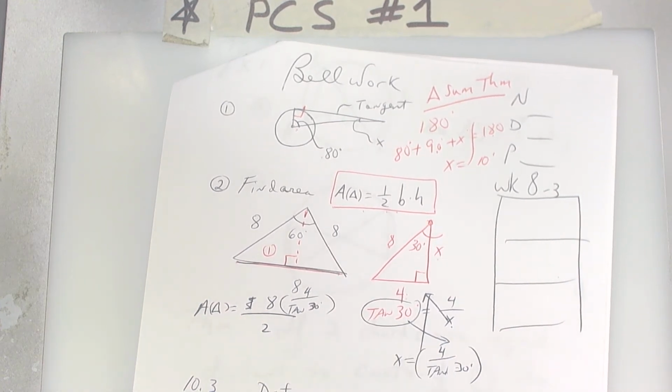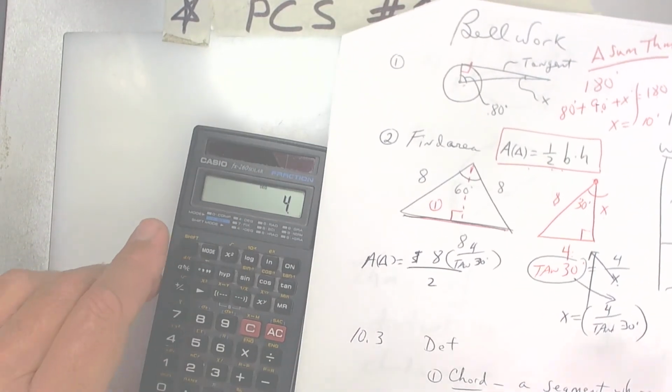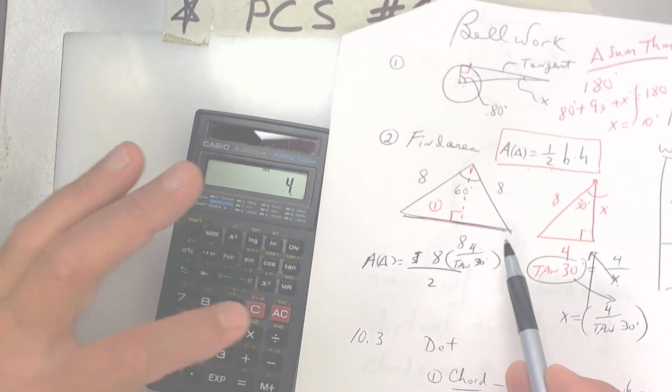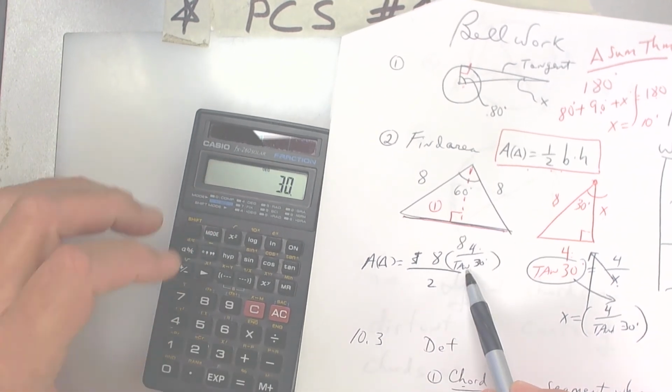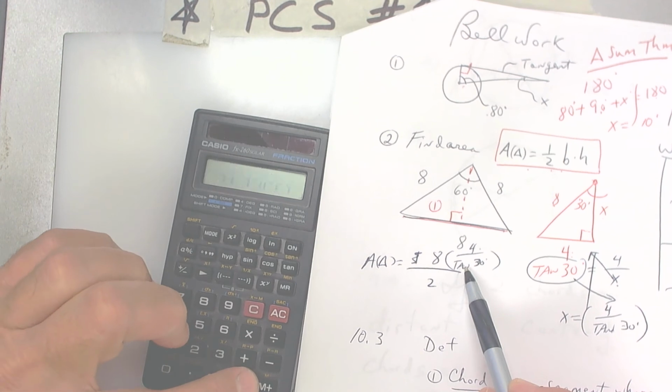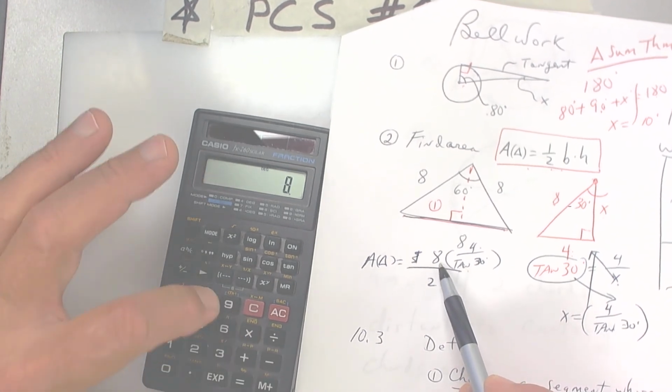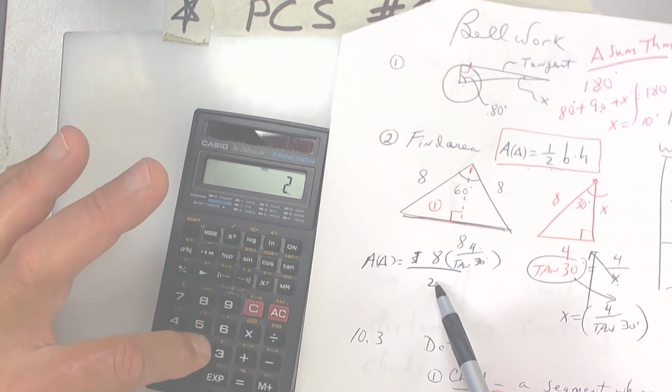So let's work it. Clear your calculator out, get it out. I'm going to press 4 divided by 30 tan, press equals, make sure you press equals, times 8, and then divide by 2.